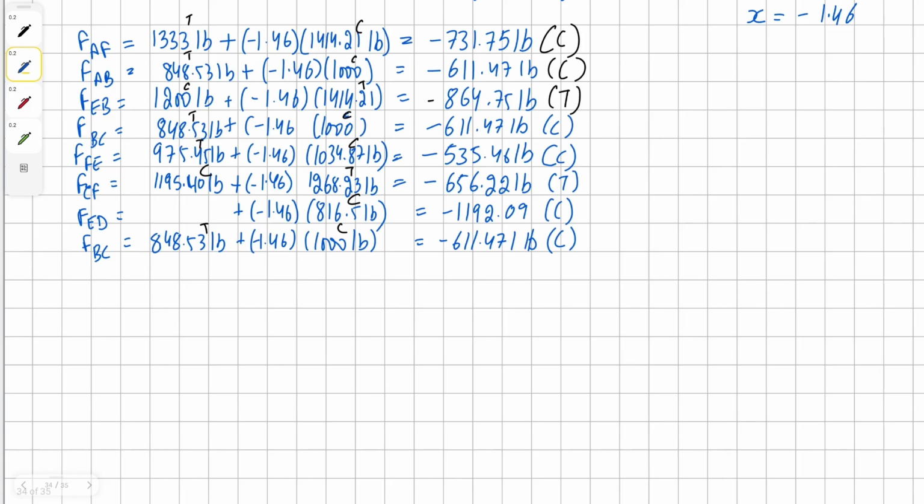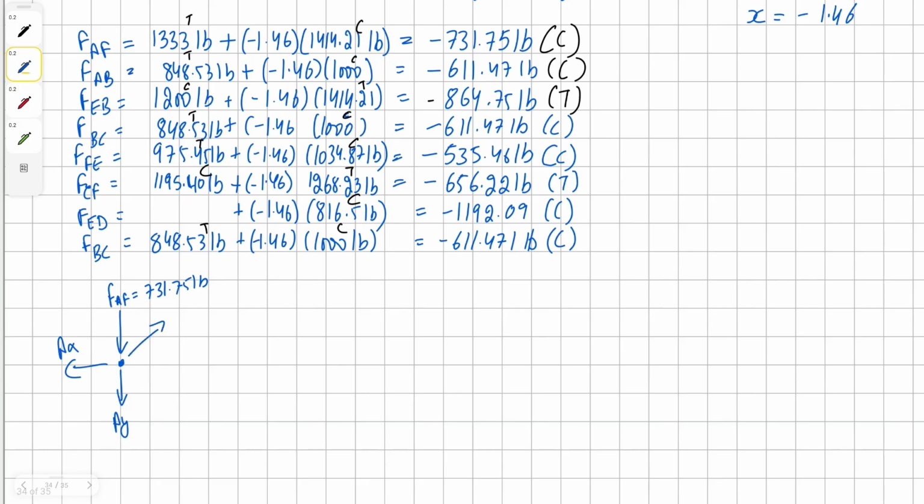With that we have our forces in the members, and now we can use them at joint A to find the solution for force in member AD. So let's draw our free body diagram for A once again. We're going to have the external reaction forces AY and AX, which are unknowns. In this case, we now know force AF, which we found to be in compression, and it's 731.75 pounds.